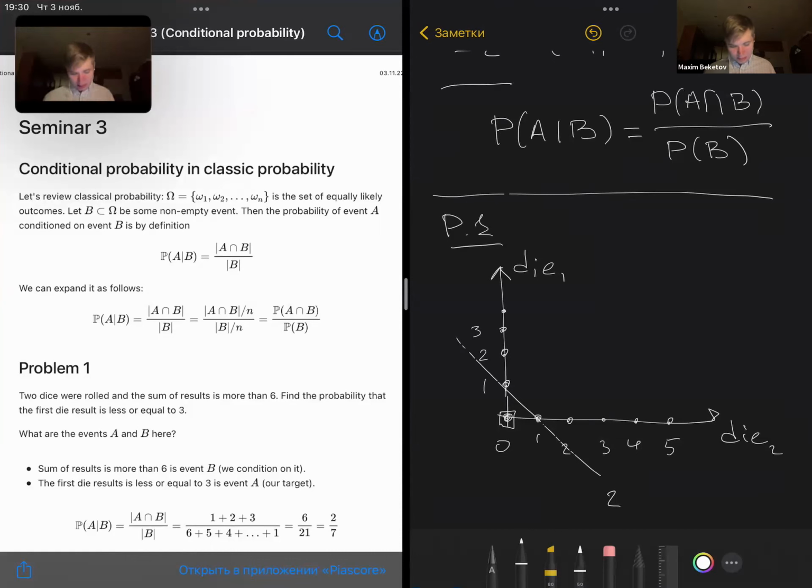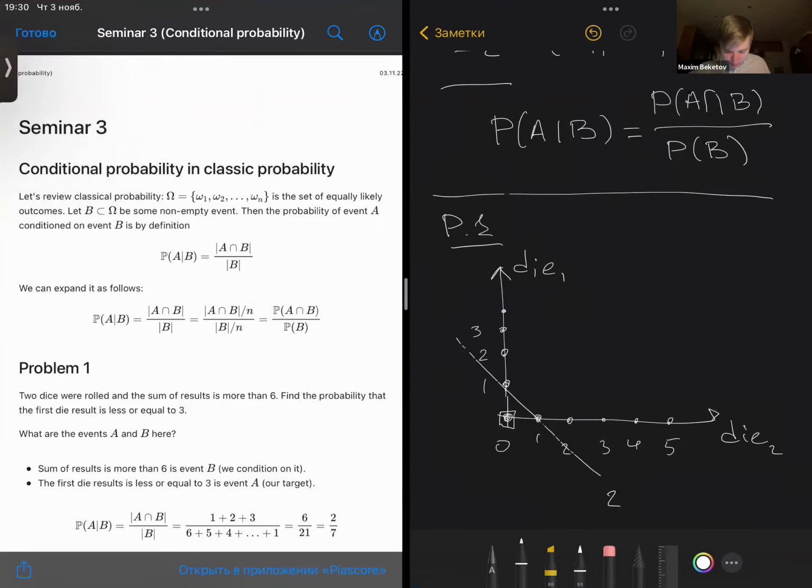I guess you can. So here we have the sum being 2. Here we have the sum being 4. Sorry, not 2, but 1. Today is not my best day.